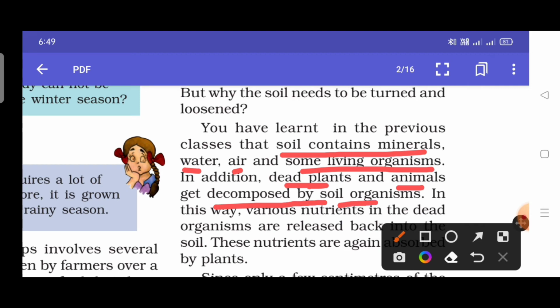As we know, many types of living organisms live in the soil, and soil contains minerals, water, and air also. And in addition, यानी कि इसके साथ साथ, dead and decaying matter of plants and animals are also included in soil and they are decomposed by the soil organisms.